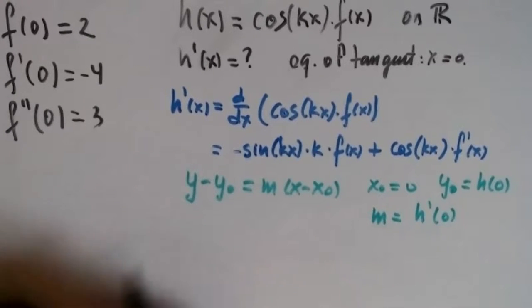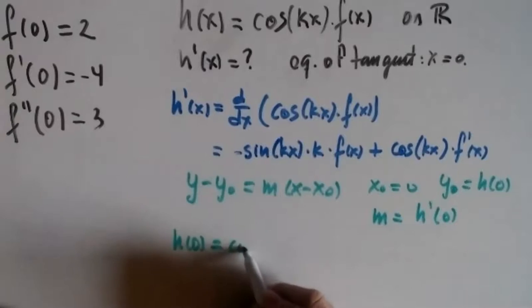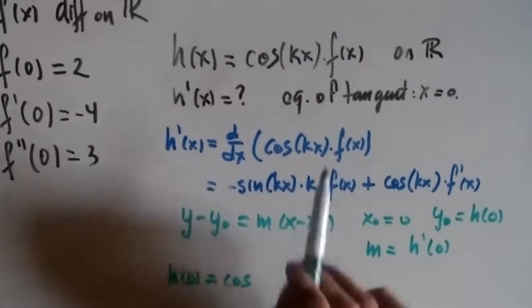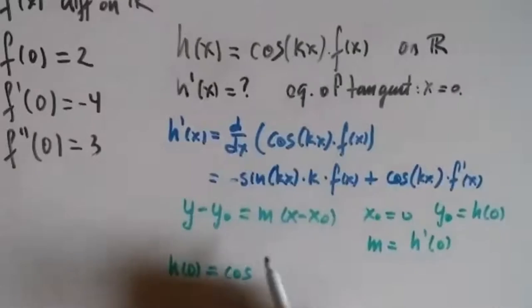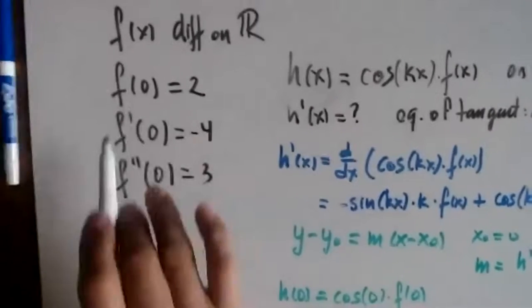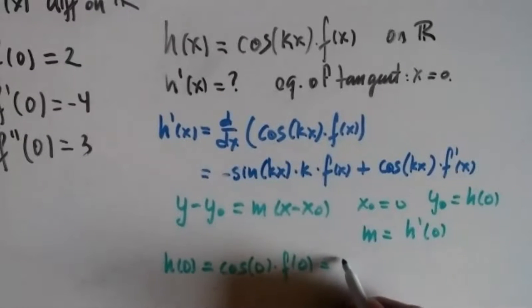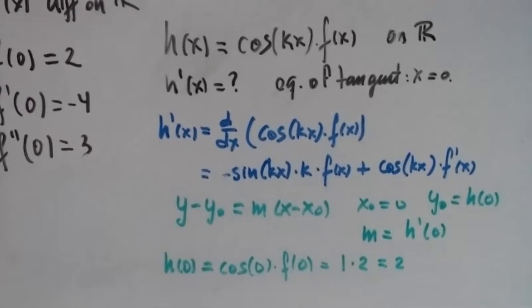So let's just find h of 0 first: cosine of 0 times f of 0. And I have to remember that f of 0 is 2, and cosine of 0 is 1. Don't forget that. So h of 0 is 2.